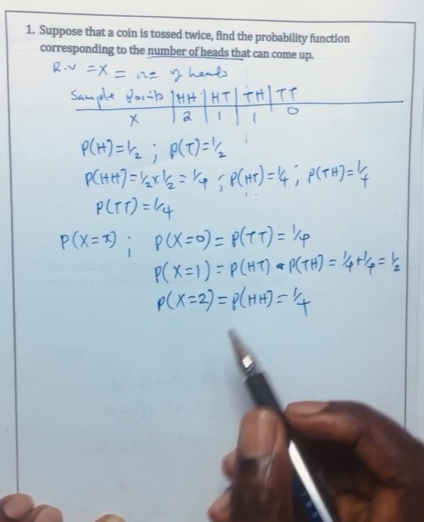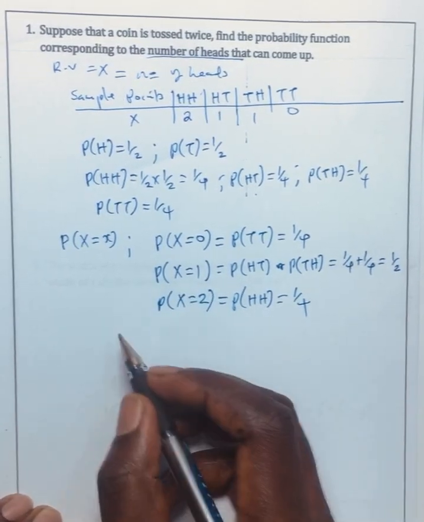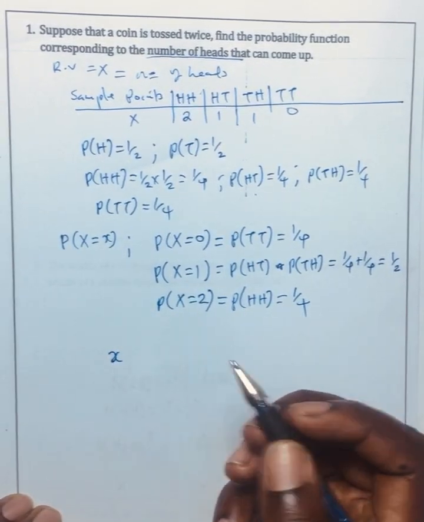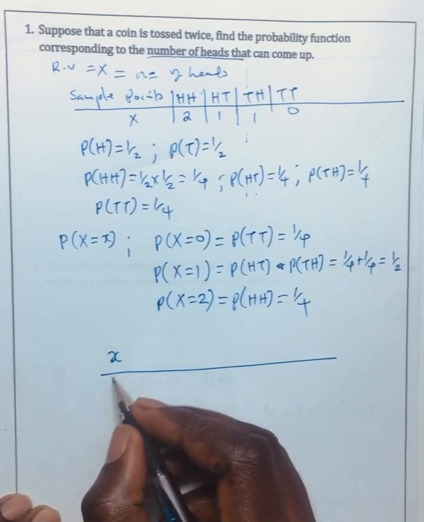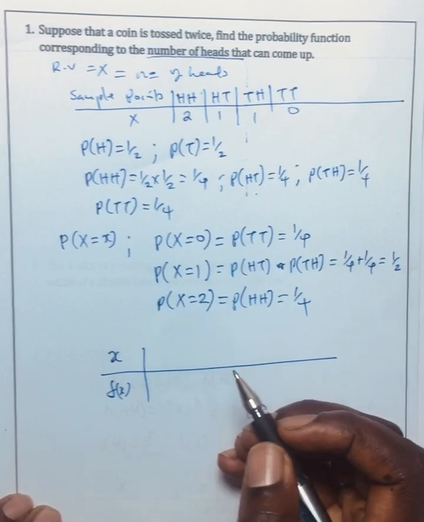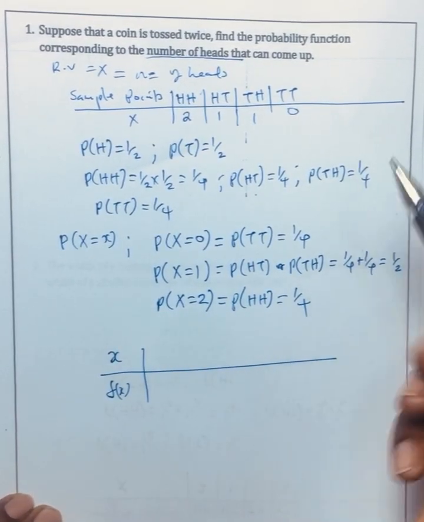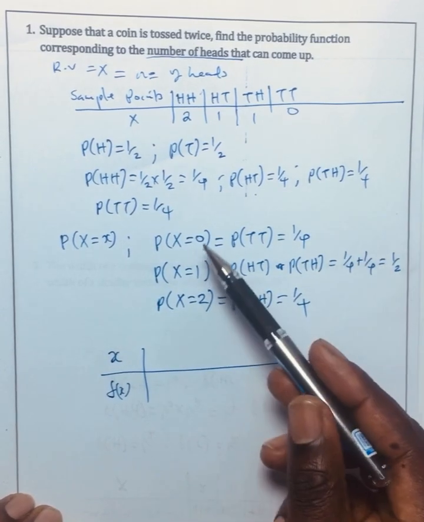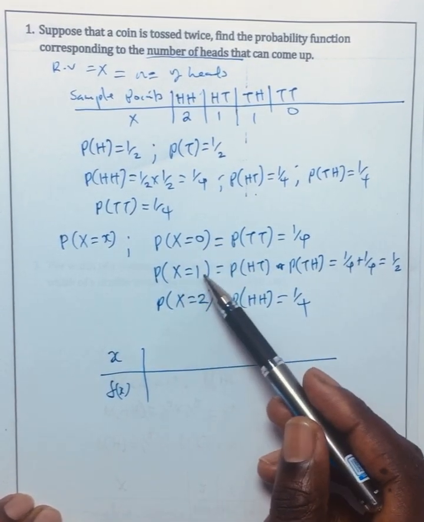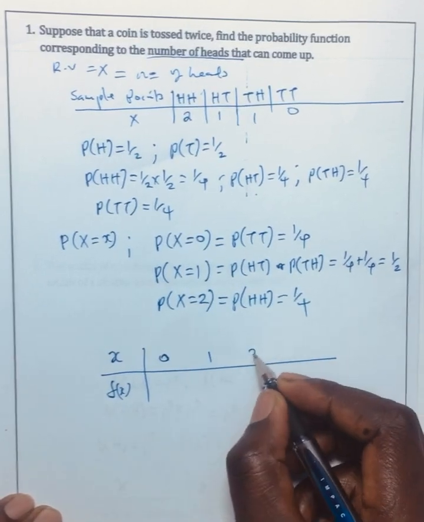So that is all that we have. We are going to represent this in a table where we have x and f of x, the probability function that we are looking for. We only have three instances: when x is 0, when x is 1, and when x is 2.